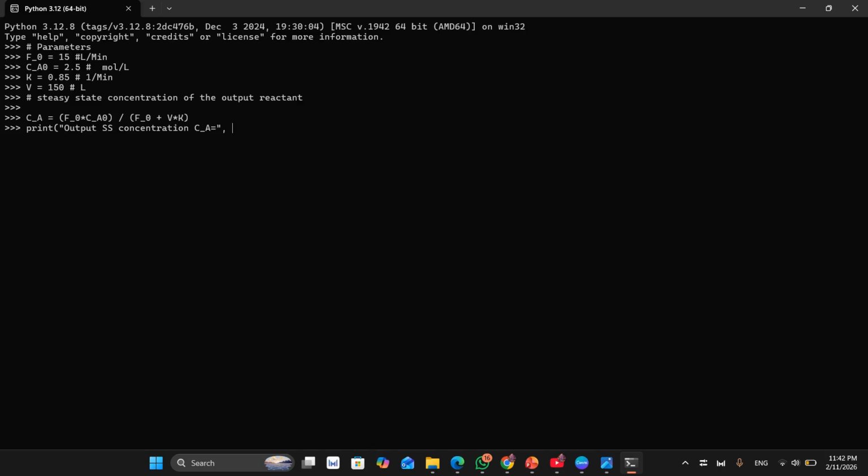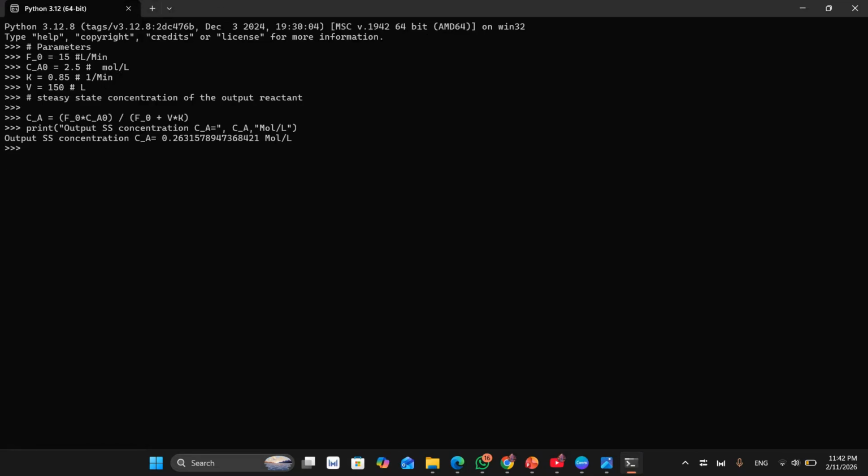Then I'll type this CA where my arrow is, because this is what I want. Then I'll close with a comma. Then I'll type the unit for it, which is mole per liter. Then I'll close my brackets.